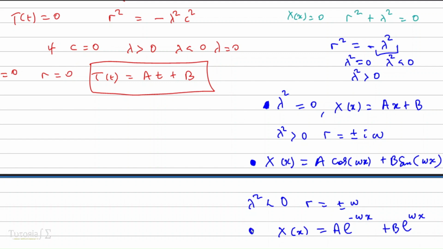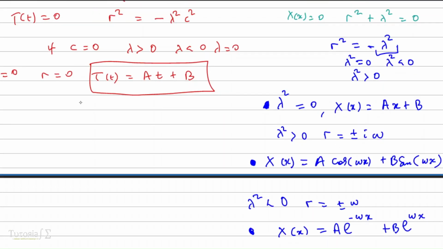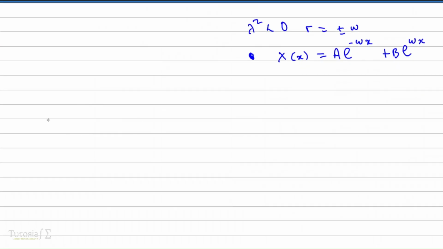We need to do the same for T. Let me write down the equation for T. We have T double prime of t plus c squared lambda squared T of t.